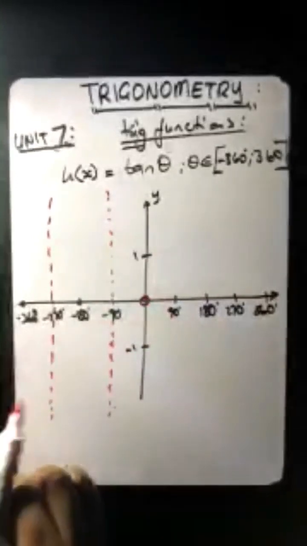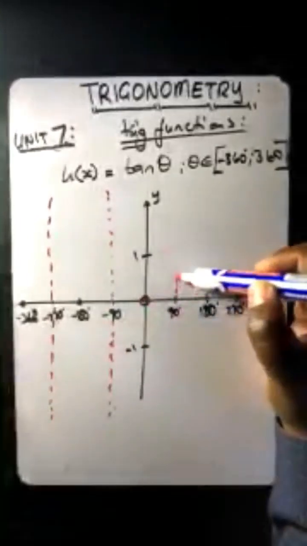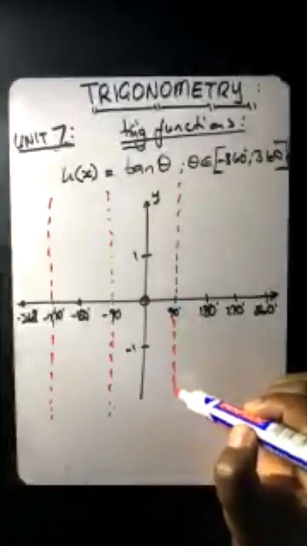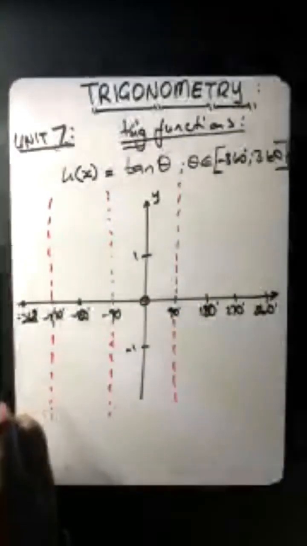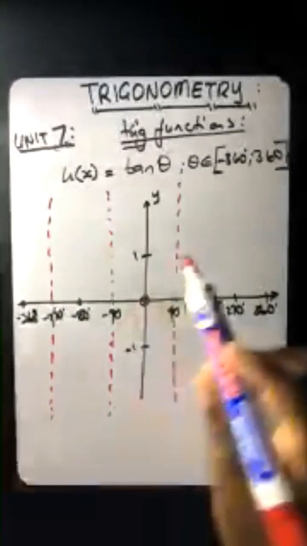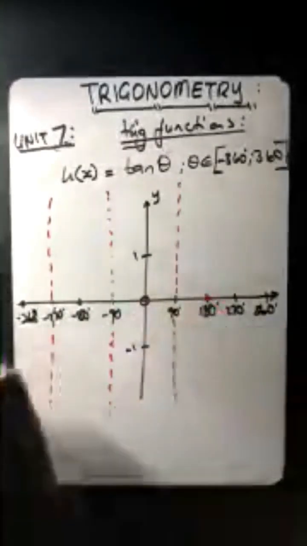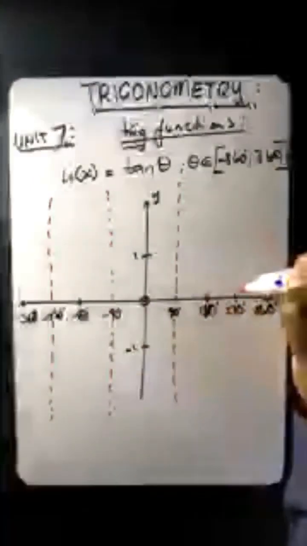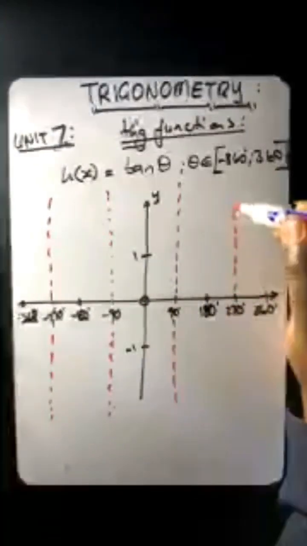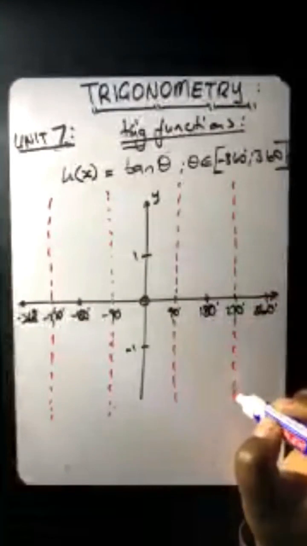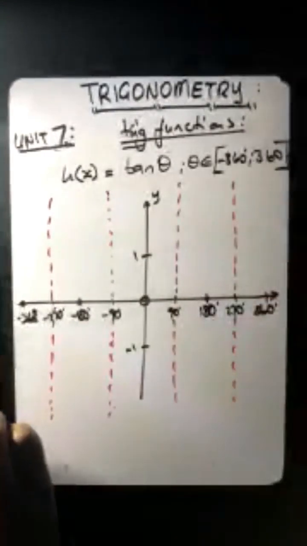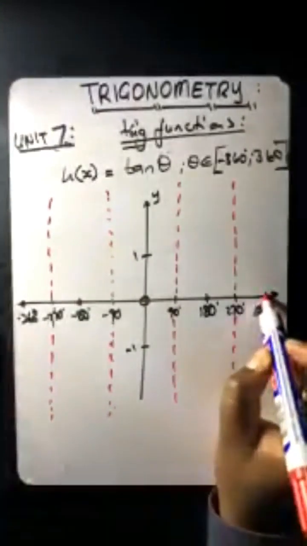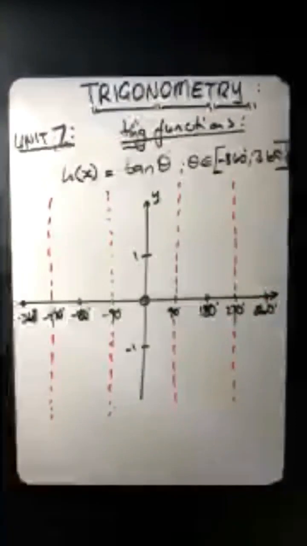Let's go to 90. It gives error. So that means where it gives error, this is what we are having. Let's go to 180. It gives 0. Let's go to 270. It gives us error. Then everywhere it gives you error, this is what you do. I hope you guys are also getting errors there, and I'm not the only one getting errors. 360, I'm getting a 0 there.